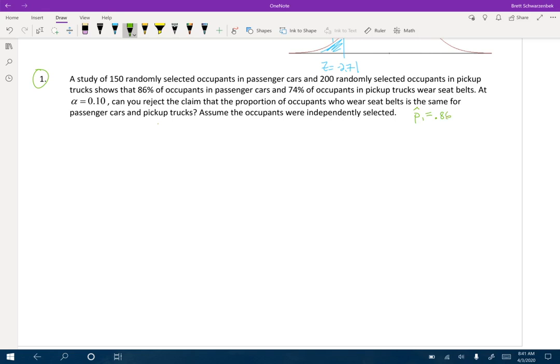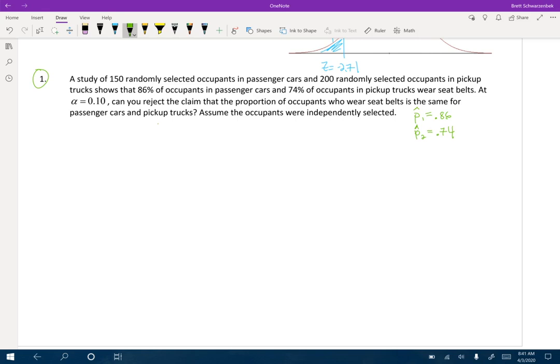What do we do with p hat 2? They also give that outright, 0.74, for the pickup trucks. Last time we had to calculate p hat 1 and 2, but this time they gave it to you, so it's a little bit different.